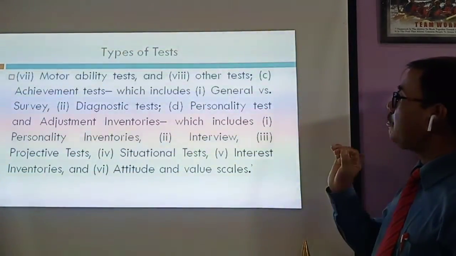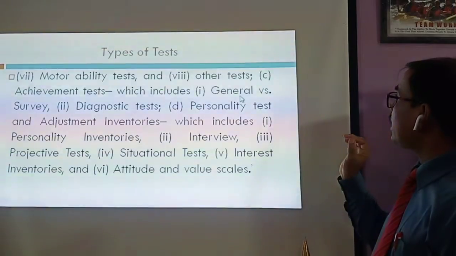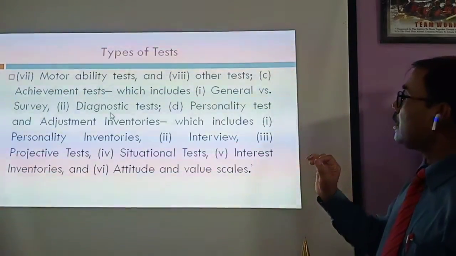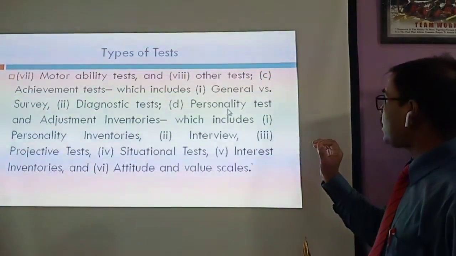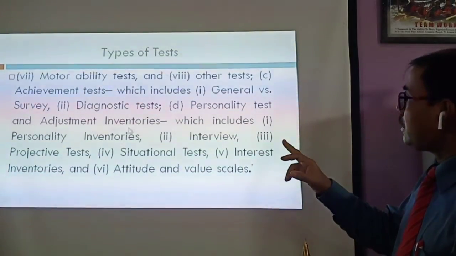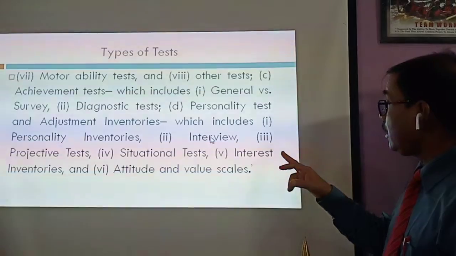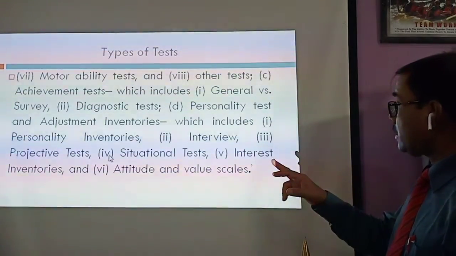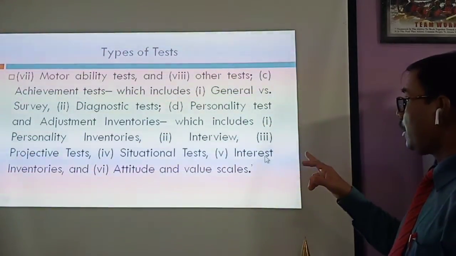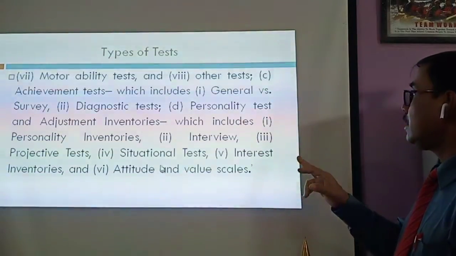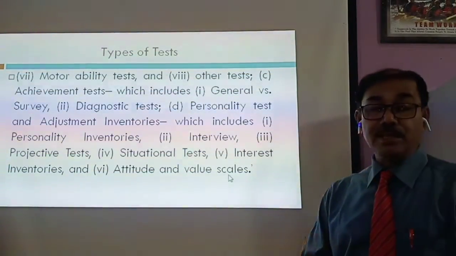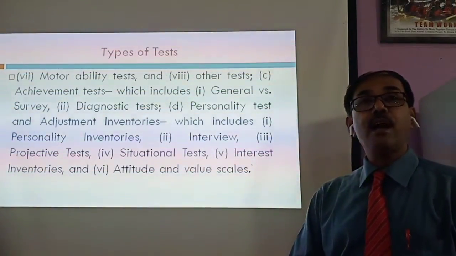C, achievement test, which includes general versus survey, diagnostic test, personality test, and adjustment inventories, which includes personality inventories, interview, projective test, situational test, interest inventories, and attitude and value scales. So these are different types of tests.